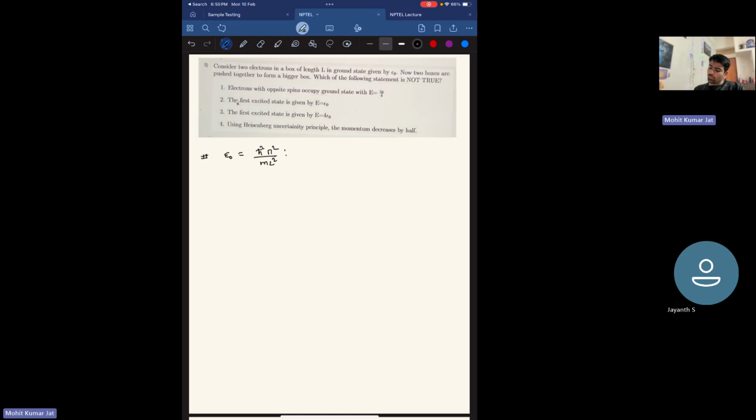Now two boxes are pushed together to make one big box.